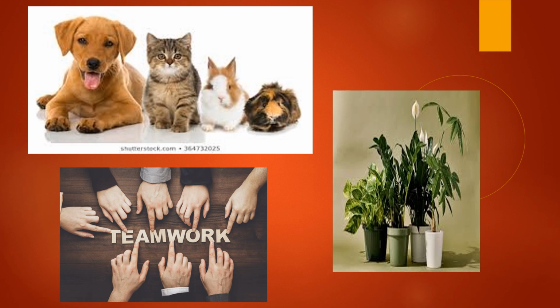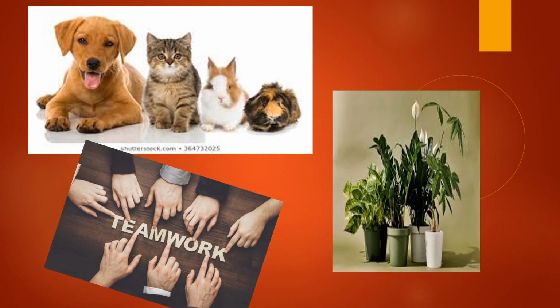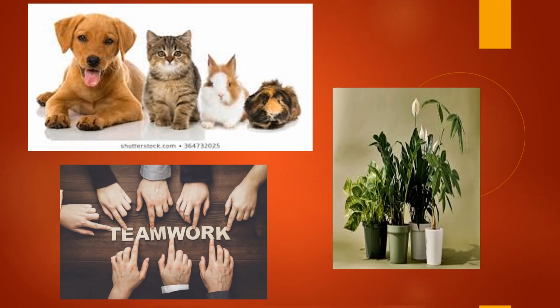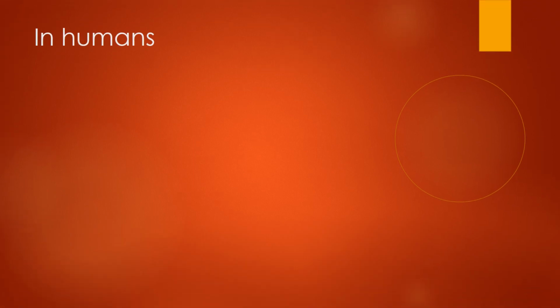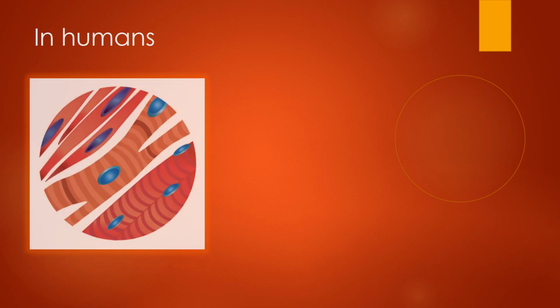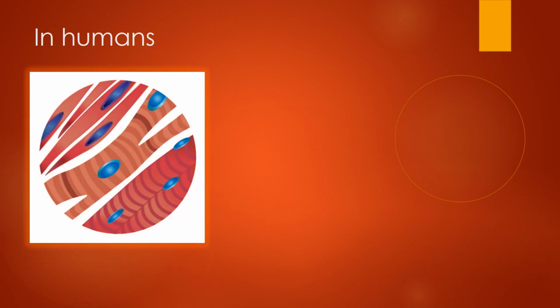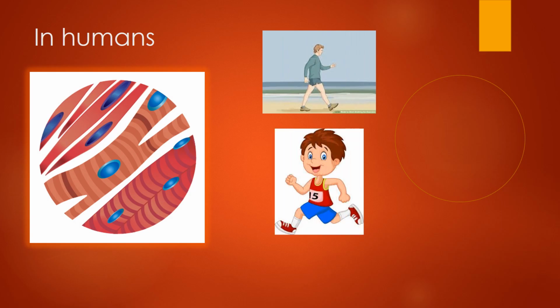For example, humans. It is easy to feel the muscles in the body; the movement of running or walking is done by our muscles. This activity is done by the contraction and relaxation of muscle cells.